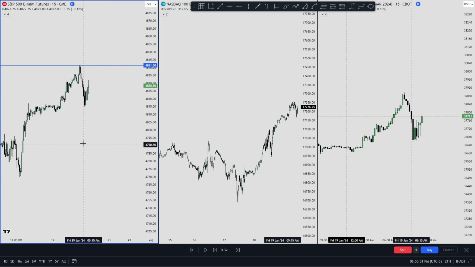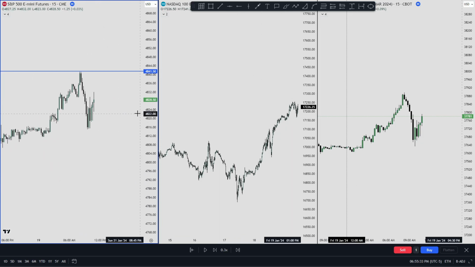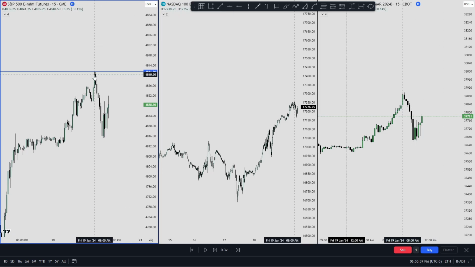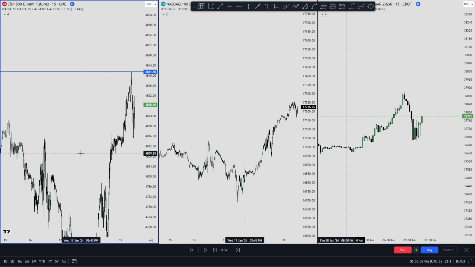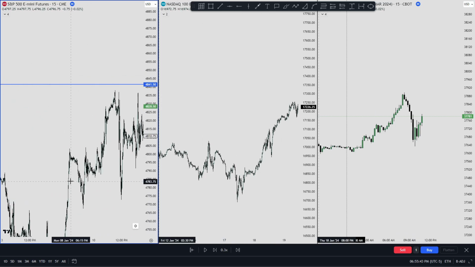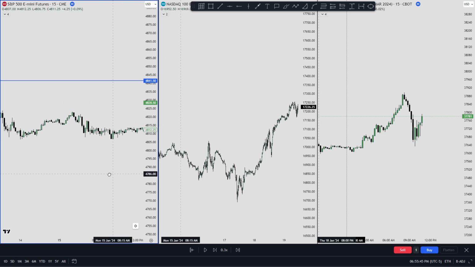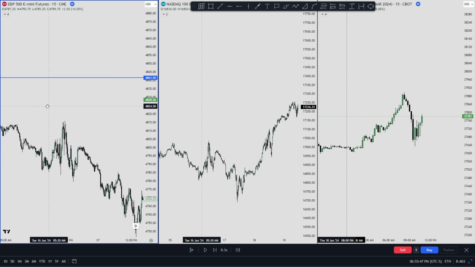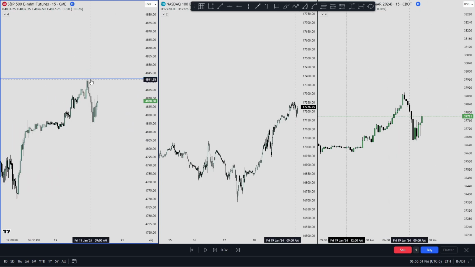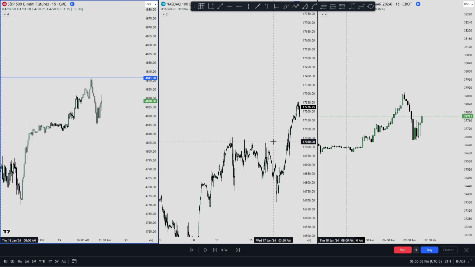As you can see, this was high of week. ES came up here and almost created equal highs with the high of week. So that's overall confidence that this is liquidity and ES is going to want to take that out. So I already have confirmation from the ES that it wants to go higher and take out this high. Then we have the NASDAQ.